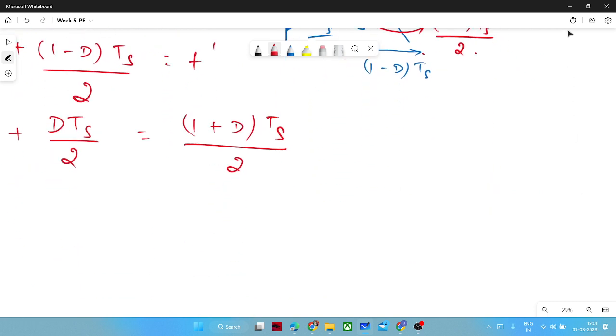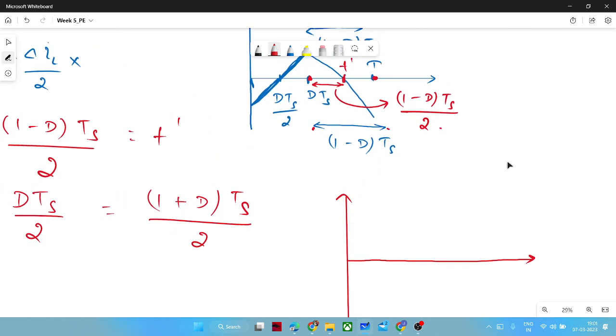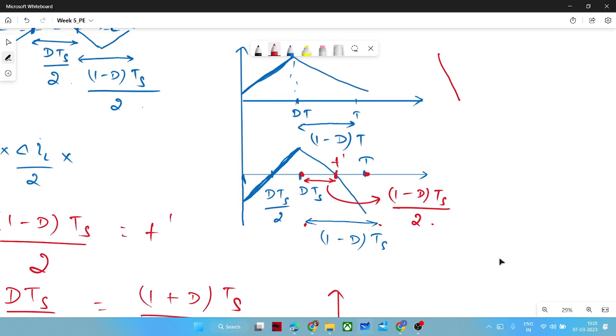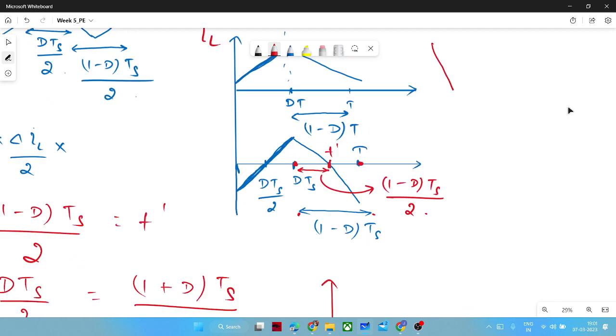Let me again draw the waveform of both. My one sentence answer for that question, and definitely I will explain it with graphs, is that whatever the inductor current waveform is, that will be followed by the capacitor current, we are just reducing the average value from that graph, right? So let us verify with graphs as well.